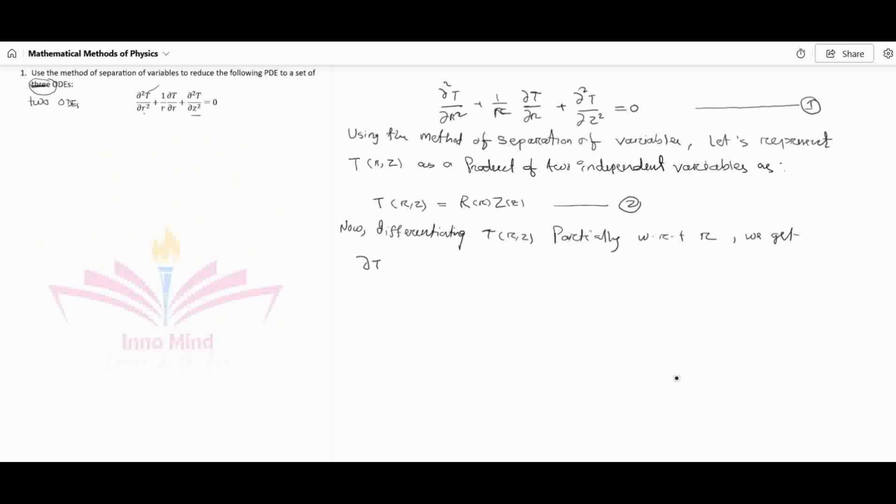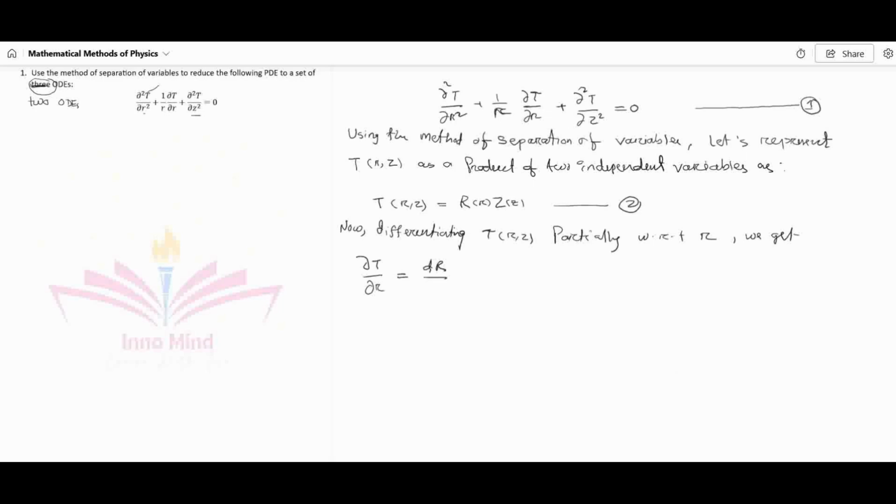Del T by del r is equal to, so while we are differentiating a function partially with respect to a variable, the functions of other variables will be treated as constants. So in this case, because we are differentiating T with respect to r, Z will be treated as a constant. So what will we obtain here?